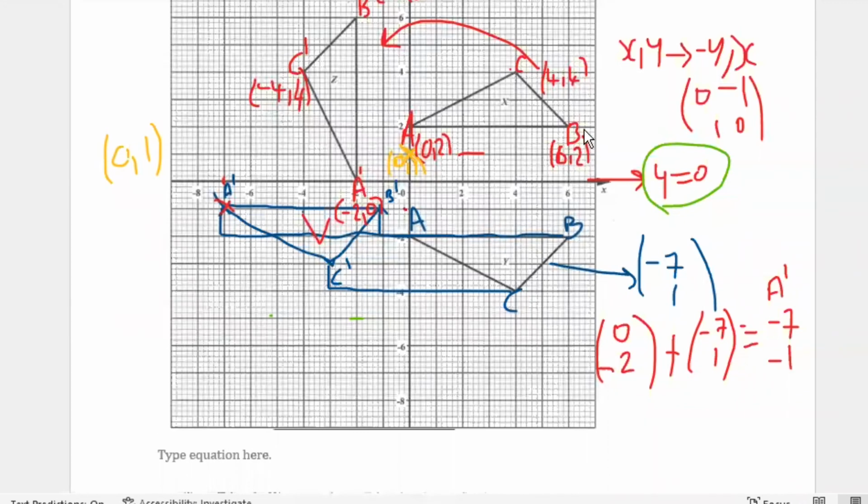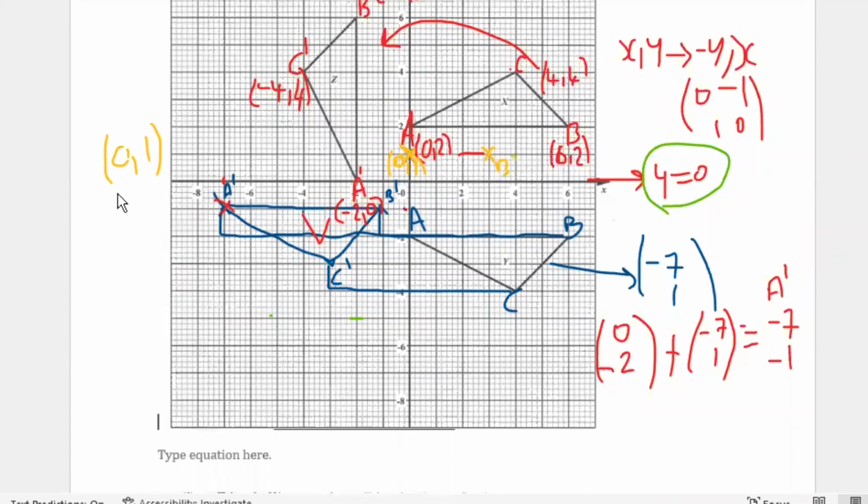So if we look at B, what would be the new coordinates for B? We have 6 and 2 from the original image, 3 and 1. So a half multiplied by 6, you will get 3, and 2 multiplied by a half, you'll get 1. So 3, 1. So this would be where our new B prime is.